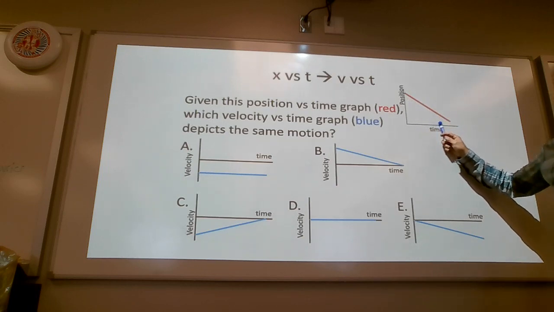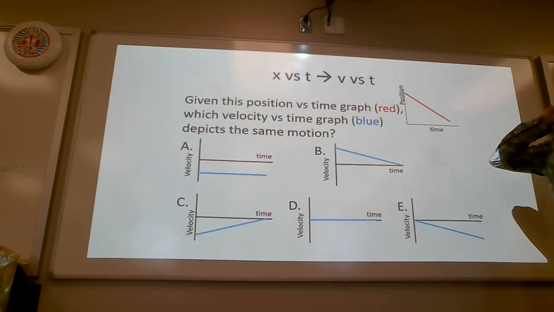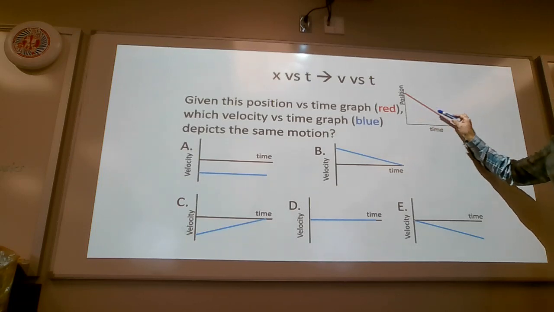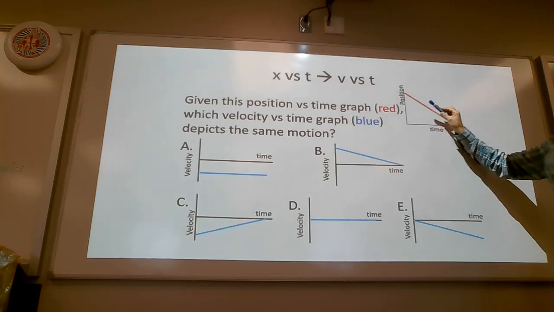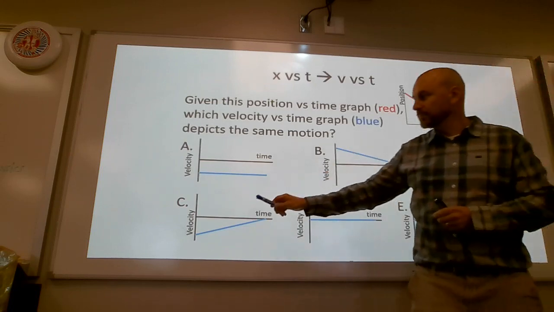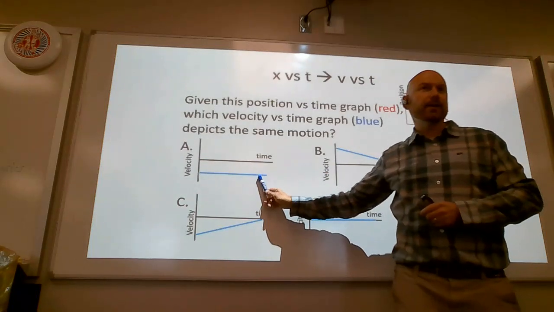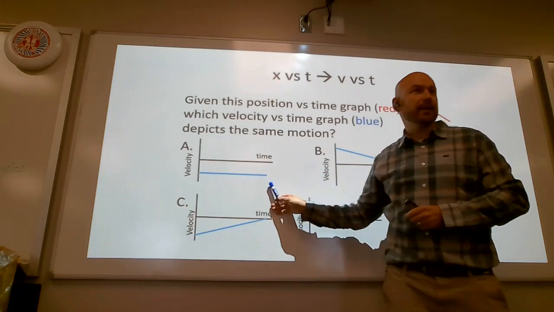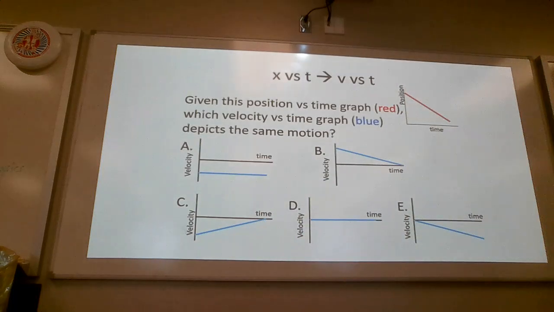How would you describe the slope? Constant in the negative direction. Okay, it's a negative slope and it's a constant value. Constant value, that's negative. A is the correct answer.